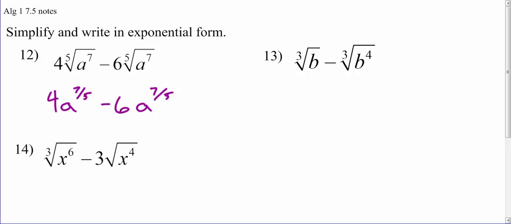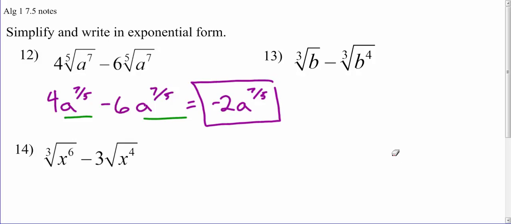The key to this problem is to notice that our variables are the same. It's a to the 7/5 for both. So if you have 4 of these and you subtract 6 of them, you'd be left with -2 a to the 7/5. And we are already in exponential form. We've made that adjustment, so we are finished with the problem.